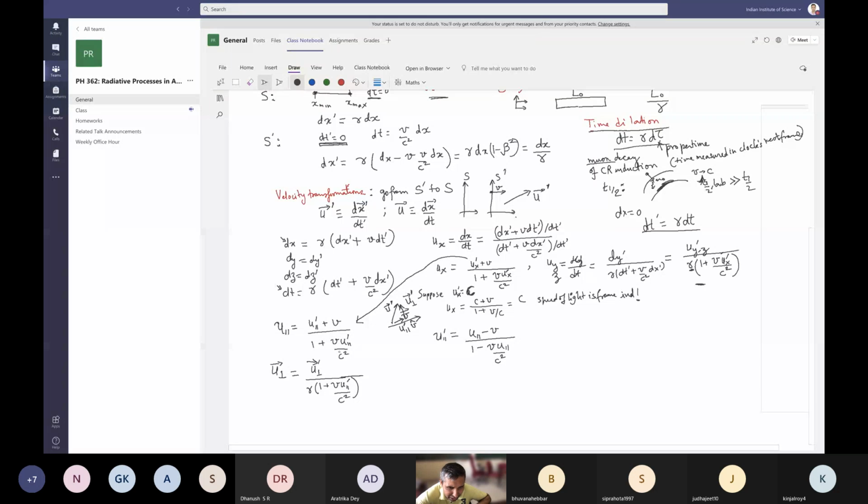All I have done is change v to minus v and u prime to u. And similarly, u perp prime, and you can actually verify that these are correct, is u perp divided by gamma times 1 minus v u parallel by c squared. Okay.